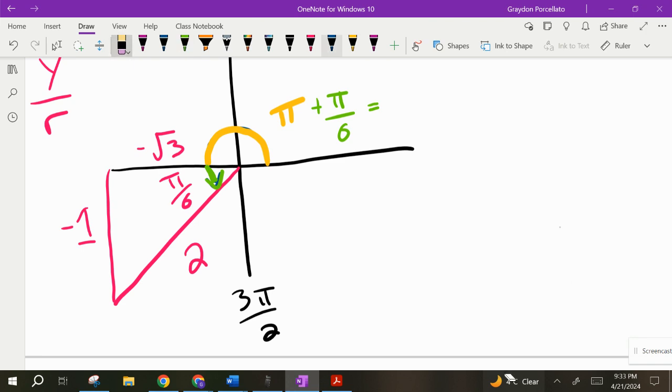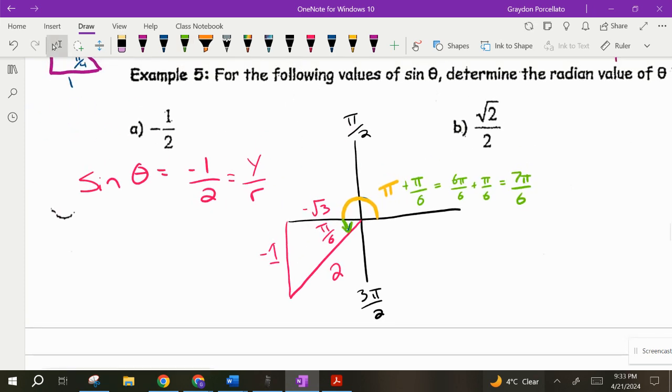Let's make this a common denominator. This becomes 6 pi over 6 plus pi over 6, which is 7 pi over 6. There's our solution. Now, you could use a calculator for that. I'll show you how to use a calculator for that at a later date.